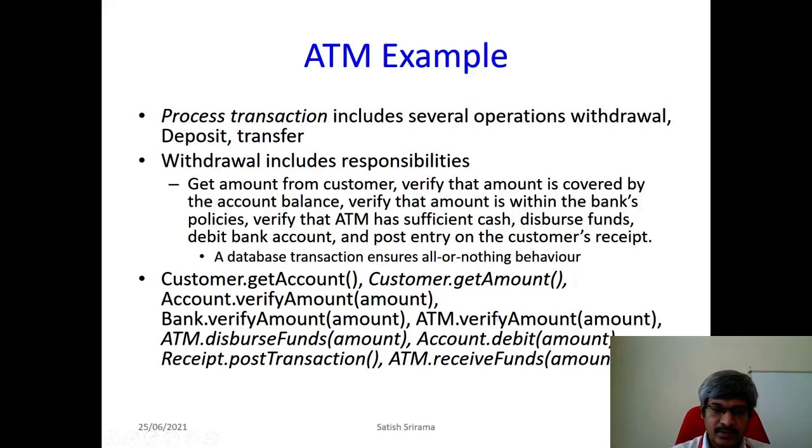Then disburse funds will go into the ATM class, debit the amount will go into the account class, post the transaction will go into the receipt class, and receiving funds will go into the ATM class.